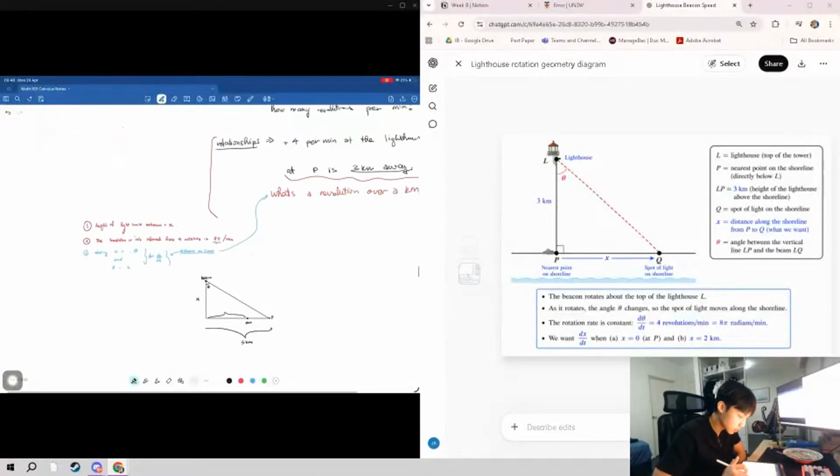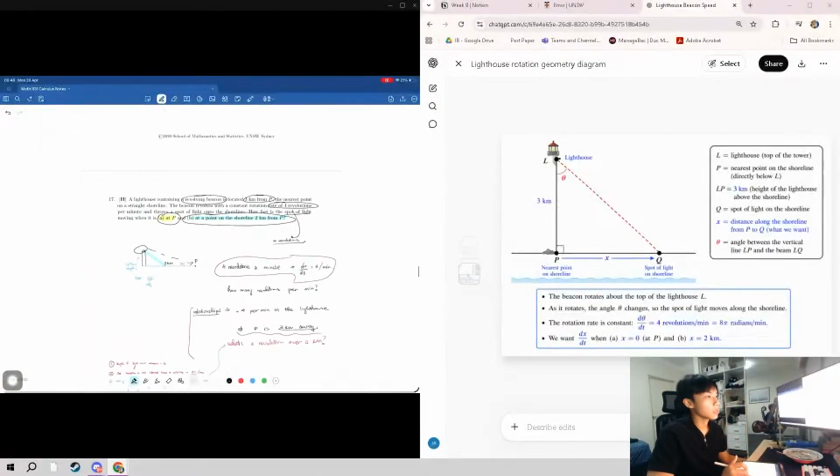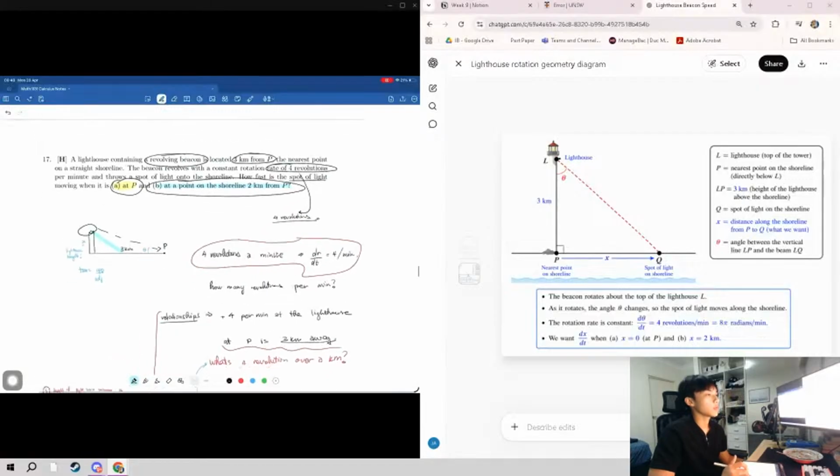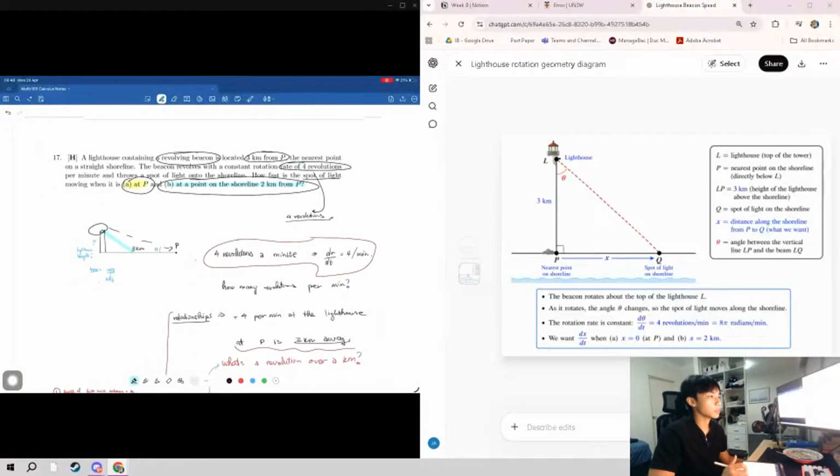By the looks of it, the lighthouse contains a revolving beacon located 3 kilometers from the nearest point on a straight shoreline. The beacon revolves at a constant rotation rate of 4 revolutions per minute and throws a spark of light onto the shoreline. How fast is this spot of light moving? So maybe there's not even a theta that's going on.